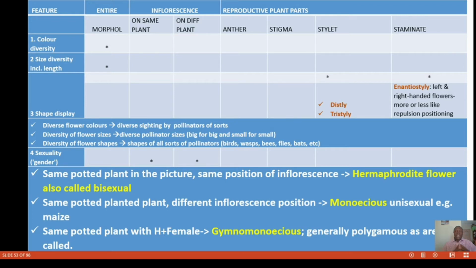So the entire morphological part is very obvious in the plants, whether it's an entire plant, or the specific inflorescence morphology, or the individual reproductive plant parts.